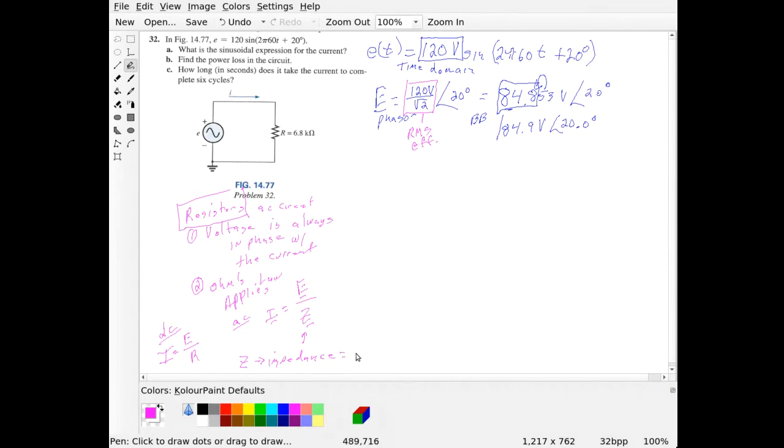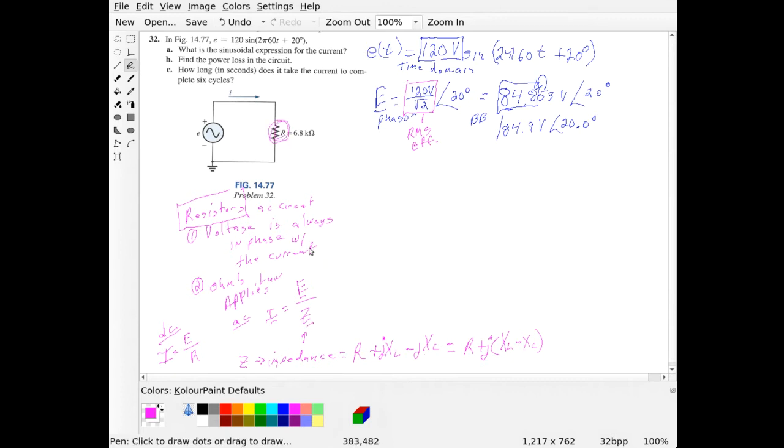The impedance is defined as R minus j times X of L, which is the inductive reactance, minus j times X of C. A lot of times we write that as R plus j, X of L in parentheses, minus X of C. That's all the same thing, really.